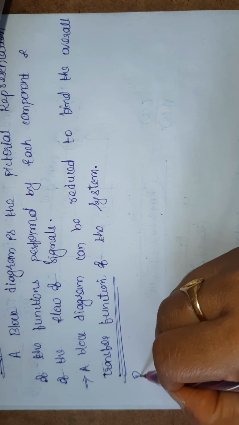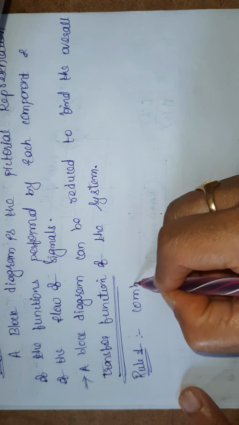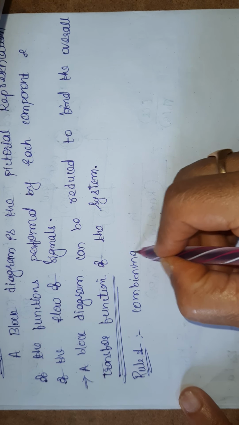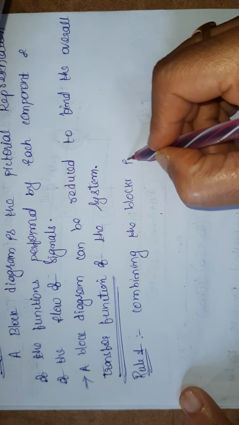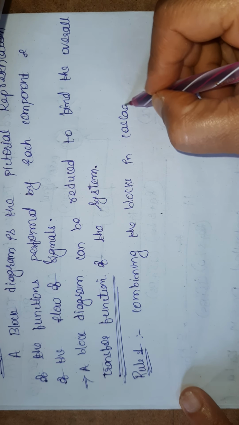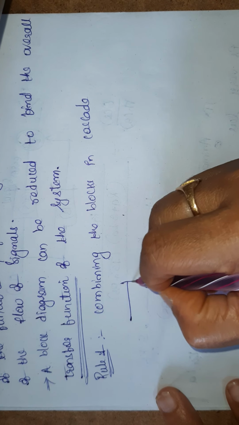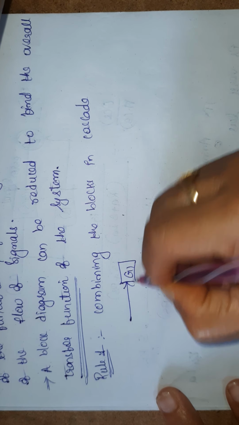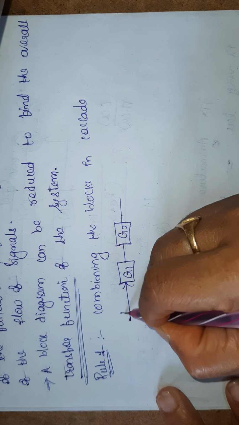First one, rule 1, is combining the blocks in cascade. Cascade means blocks connected in series, one after another. So here I have the blocks G1 and G2 cascaded.